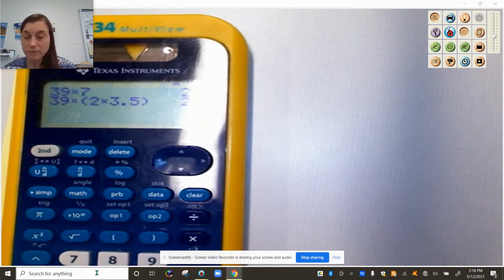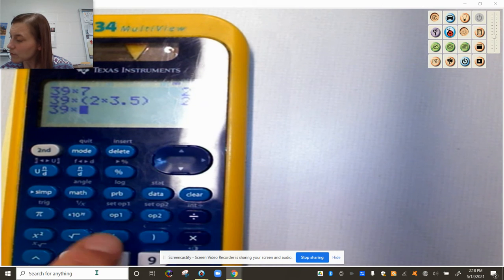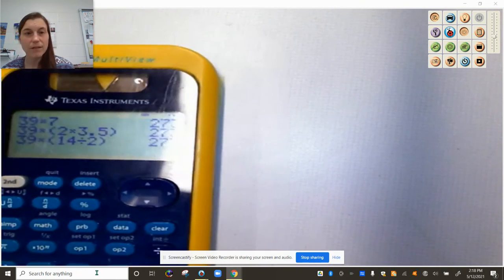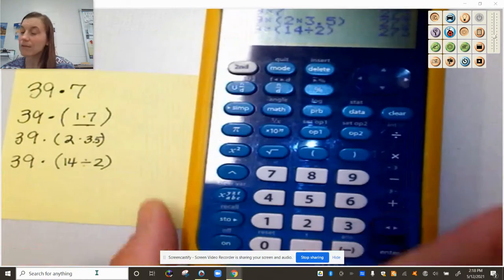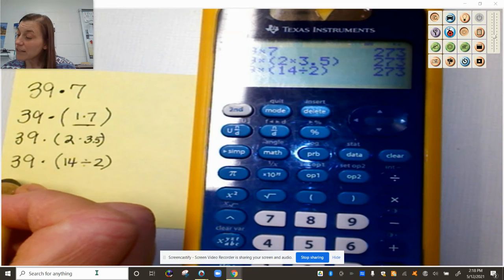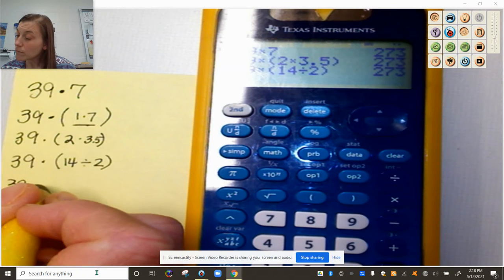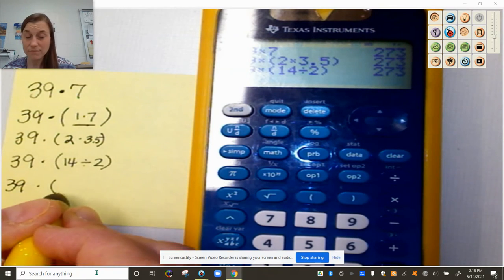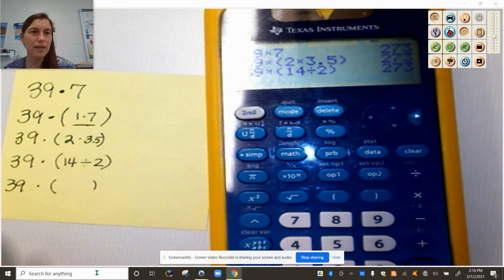So we'll check that. So 39 times 14 divided by 2. And there we go. So that works. Is there any way to get 7 through addition? Seeing how I'm really starting with the same idea every time.